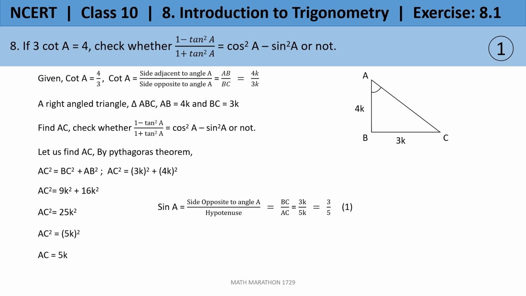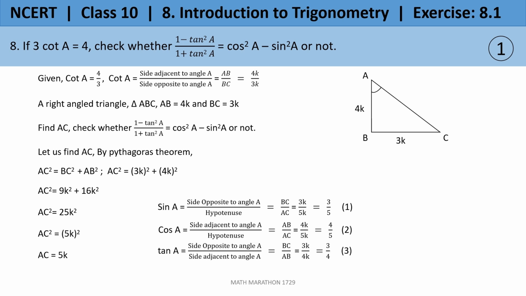Sin A is equal to side opposite to angle A by hypotenuse, which is equal to BC by AC, which is equal to 3K by 5K, which is equal to 3 by 5. Cos A is equal to side adjacent to angle A by hypotenuse, which is equal to AB by AC, which is equal to 4K by 5K, which is equal to 4 by 5.